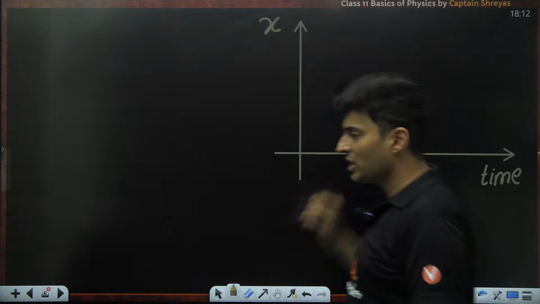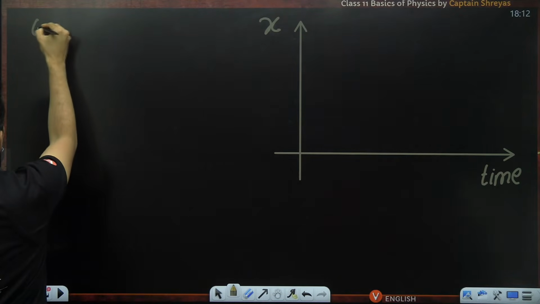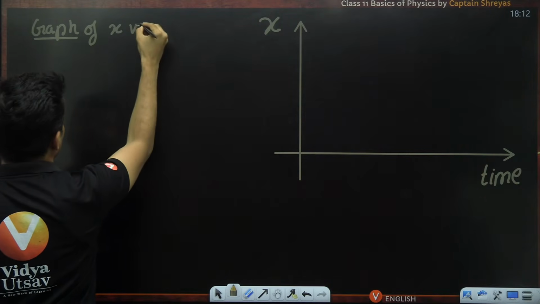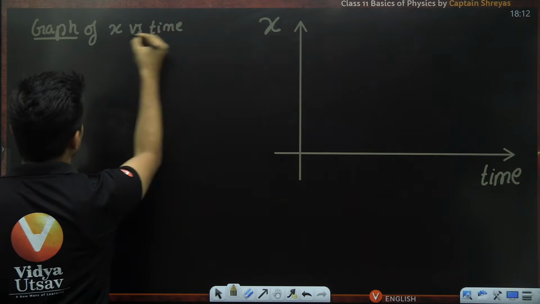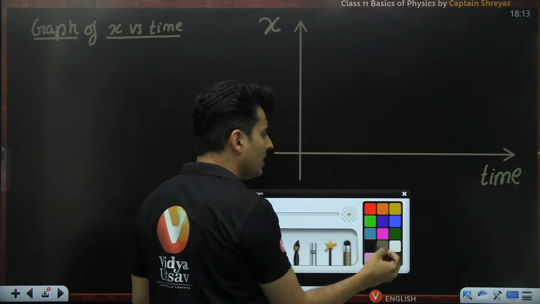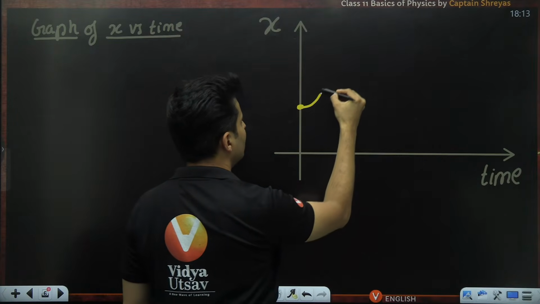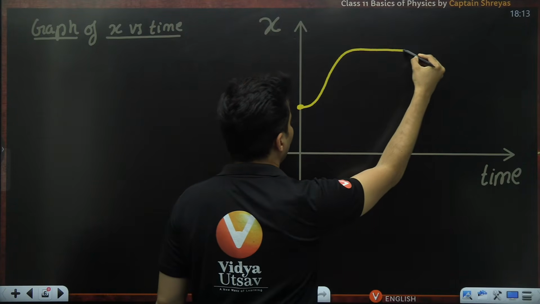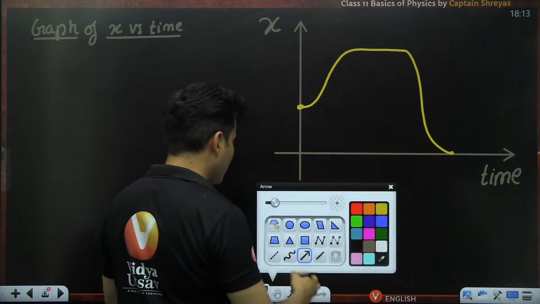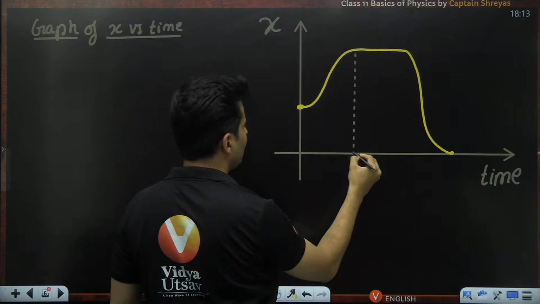This is a graph of position versus time. Let's say I draw that graph something like this. It starts like this, goes up, and maybe I start marking some lines, very important lines.